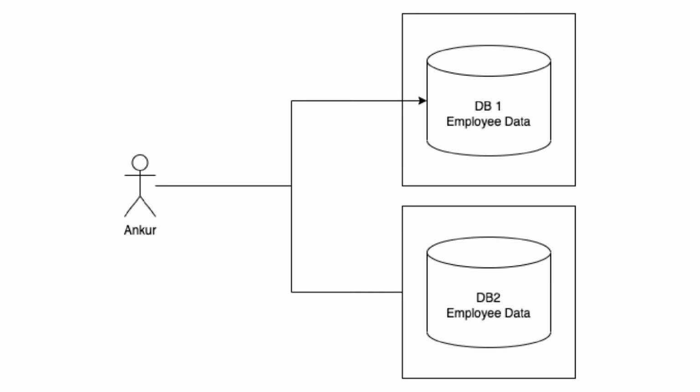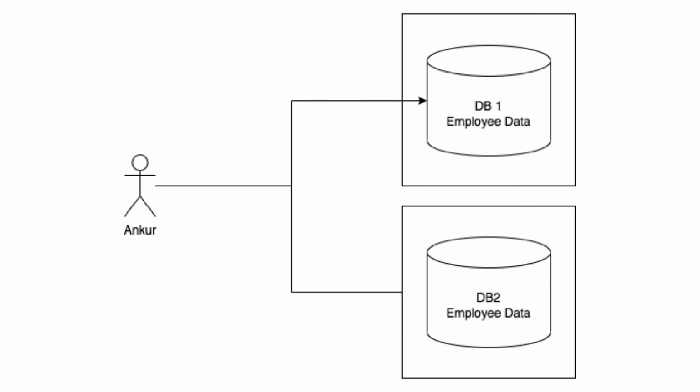But database 2 is available to Ankur. Now, this is the problem of consistency. The data is not consistent. Ankur is getting inconsistent information from the two systems, but the database is available at the same time.